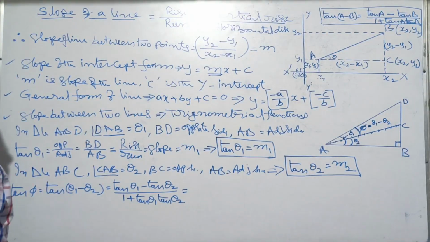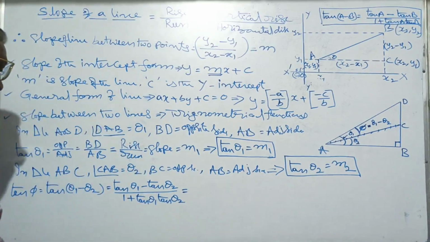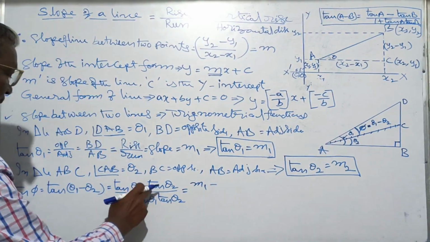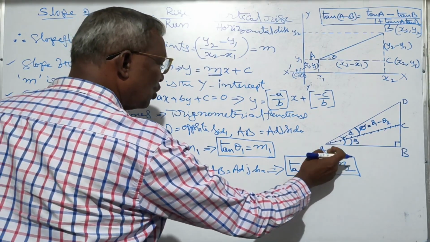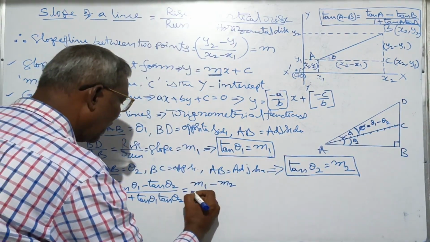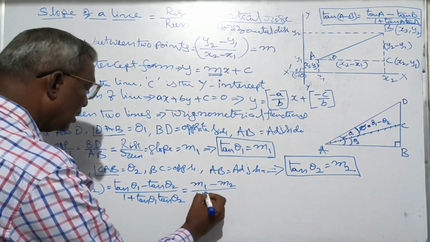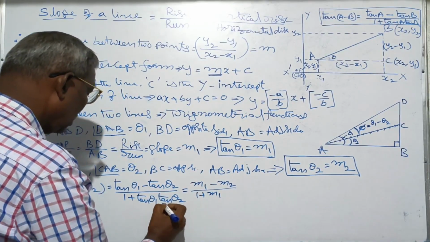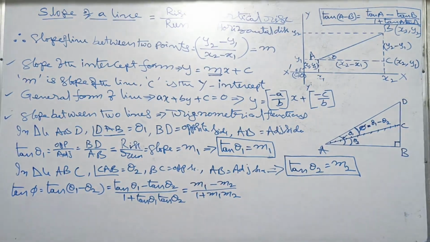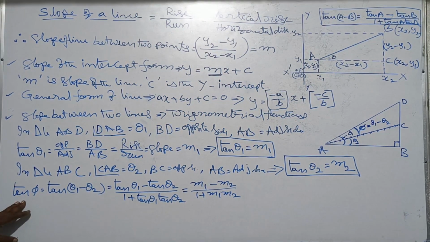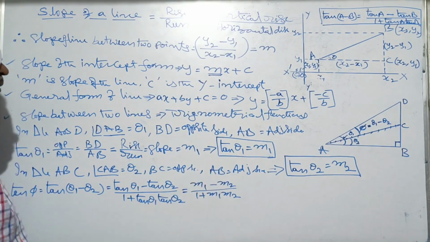M1, the slope of the line AD. What is tan theta 2? M2, that is the slope of line AC. So therefore tan phi is equal to M1 minus M2 by 1 plus M1 M2.